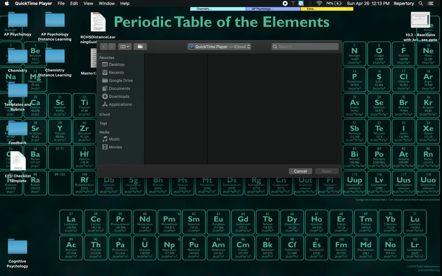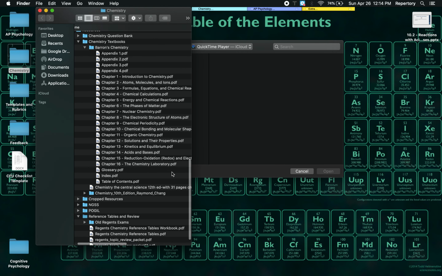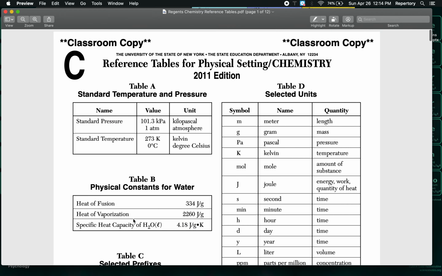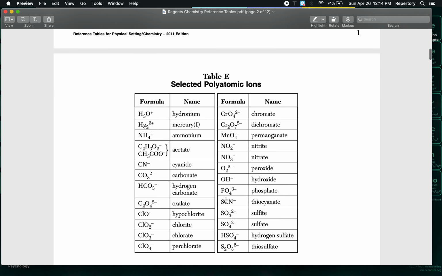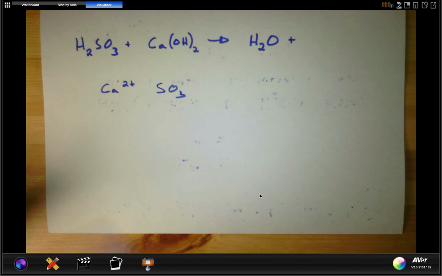So I'm going to go to my reference table. See, I don't have these memorized either. Okay, I'm going to my table of polyatomic ions. SO3, 2 minus, good, and it was sulfite, nice. So it is a 2 minus charge, proud of myself.